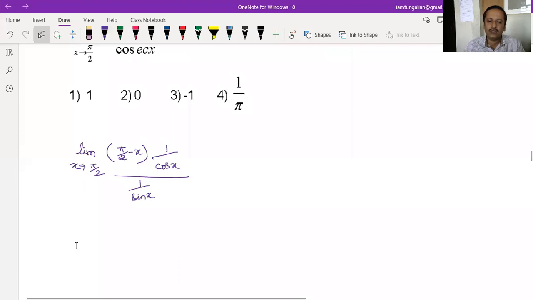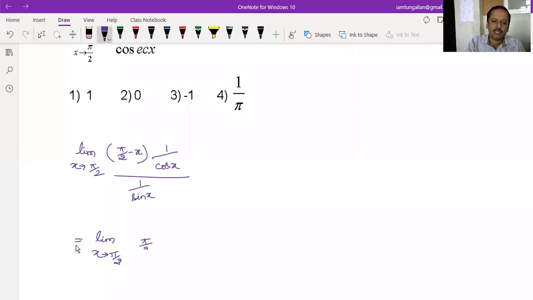Now this will be equal to limit x tends to pi by 2, pi by 2 minus x into the sin x by cos x, it will be tan x.